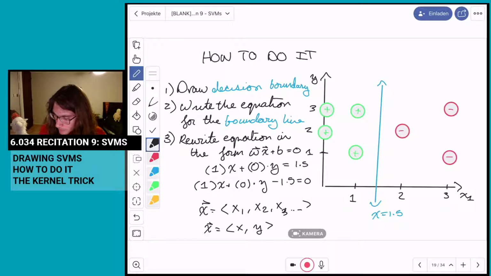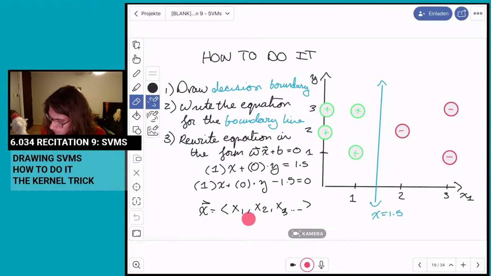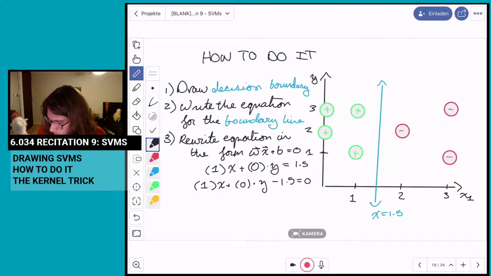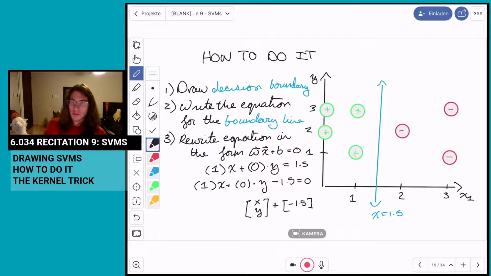That's all I'm doing. So I'm going to write the vector x, which is x and y, plus negative 1.5. Nothing really changed. I just wanted to have a direct correspondence to the equation right above. This is equal to 0.